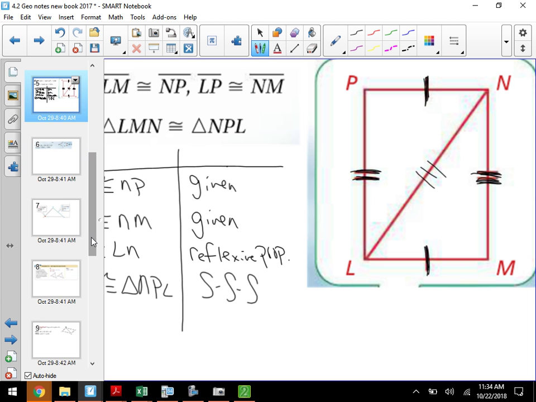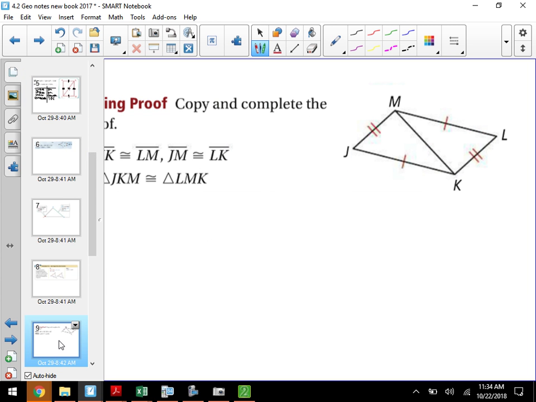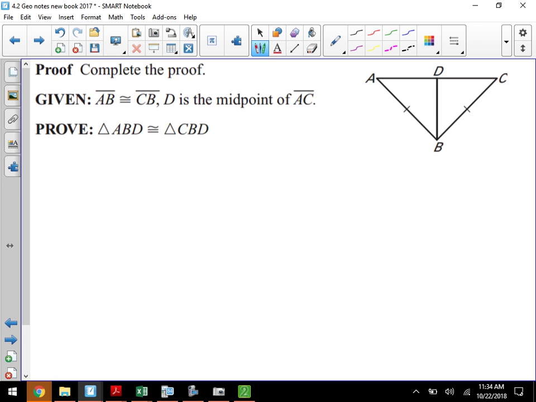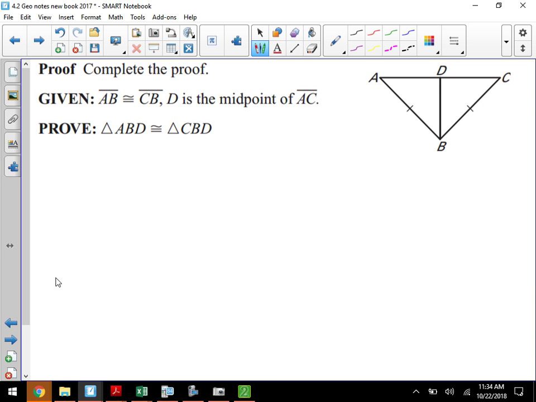Let's try another one. Let's see how this one will do. Let's do one that actually has a progression. Okay? Take a second, write this one down, draw the picture. Take a minute, draw the picture.